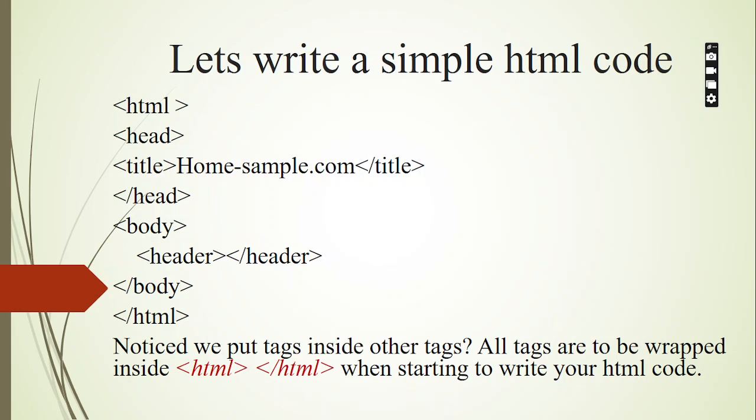When we go into the full VS Code configuration, we are going to explain all these things. So a head tag contains certain other things that do not appear on the browser, but the title tag is used to indicate a page title at the uppermost part of the browser. We also have the body tag and the header tag. The header tag is used to input the navigation bar, the logo, and some other things. So just take note of this.